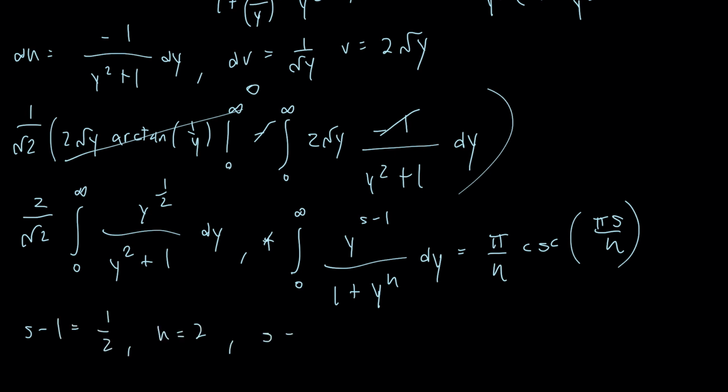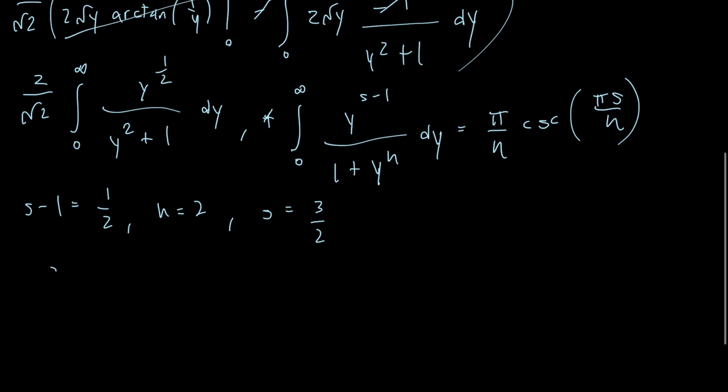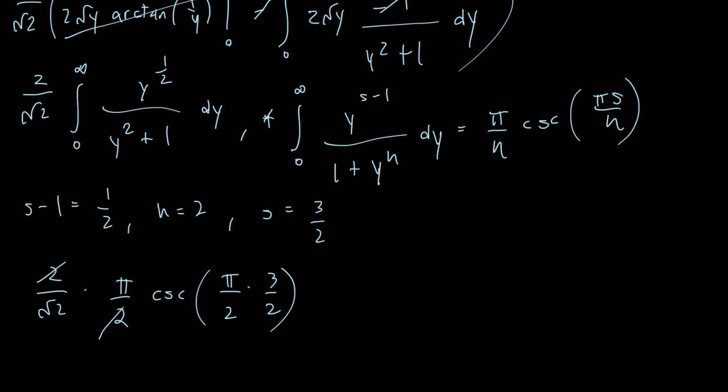Solving for s, we have s is 1/2 plus 1, which is 3/2. So we have 2 over the square root of 2 times pi over 2 cosecant of pi over 2 times 3/2. These two are gone, and we have pi times the square root of 2, the cosecant of 3 pi over 4.